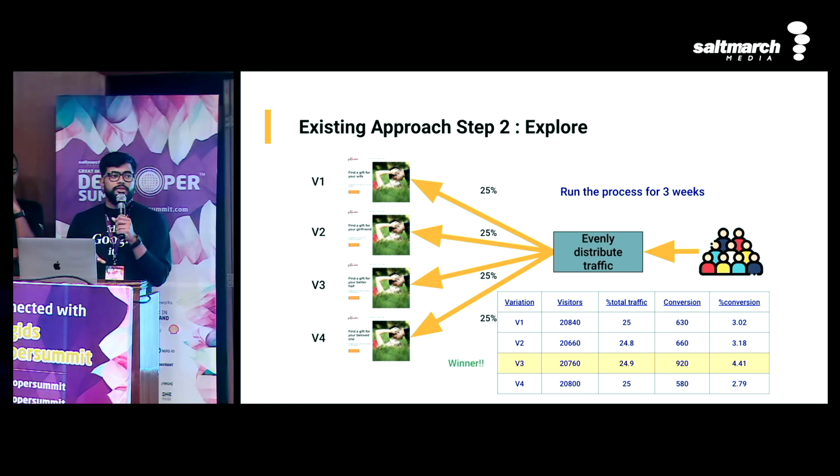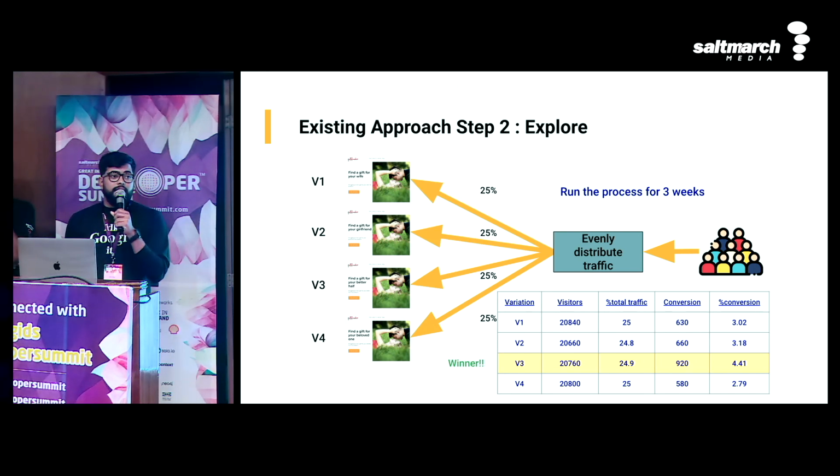And he notes how many of them end up buying the product, that is, whether it is a conversion or not. After running this whole process for 3 weeks, he notices that the third variation is enjoying a 4% conversion, which is the winner. And why is that happening?